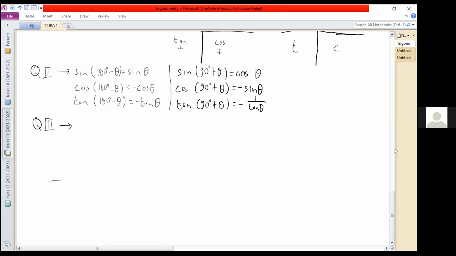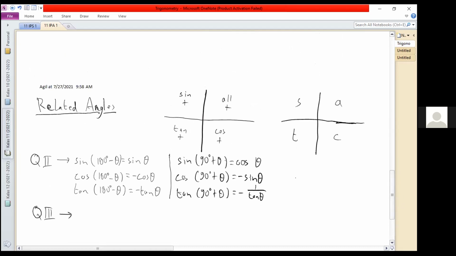For the third quadrant, I can just draw it here. It is pretty similar to the second quadrant. In the second quadrant, we can get the related angle from 90 degrees and 180 degrees.